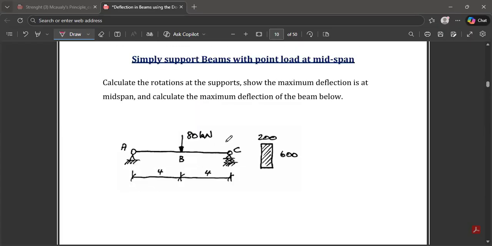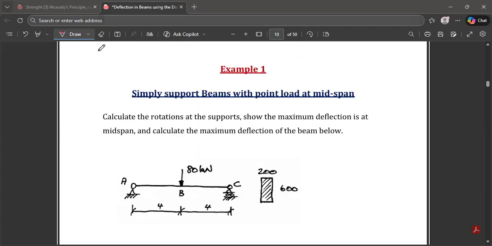All right. So first of all, when we have a question like this, what is the first thing we are supposed to do? We are supposed to repeat the question for 1 mark.